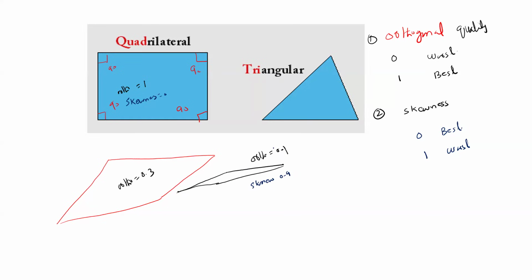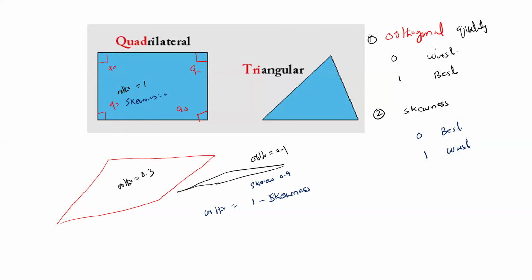So we can say the orthogonal quality and the skewness have a relationship like this: the orthogonal quality is equal to 1 minus skewness, roughly speaking, not 100%. This is a very rough definition, not a mathematical definition.